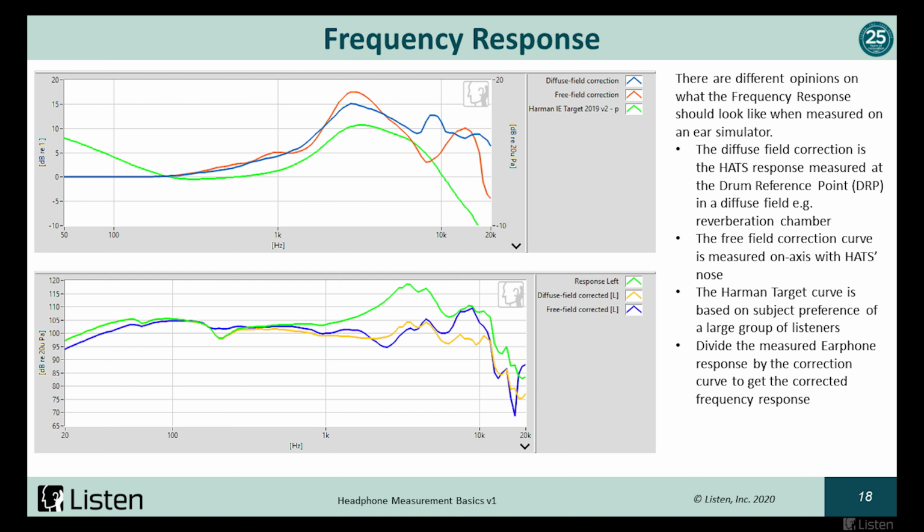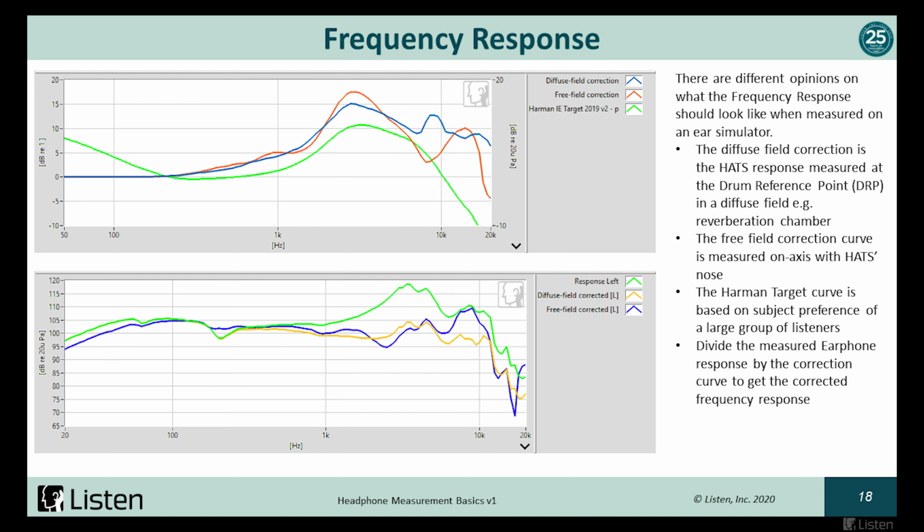And you can see that for this particular headphone, which I believe is the in-ear Etymotic 4S from a long time ago, which is really quite a good earphone, when you do the diffuse field correction, you get a fairly flat response, flat frequency response, or insertion gain.